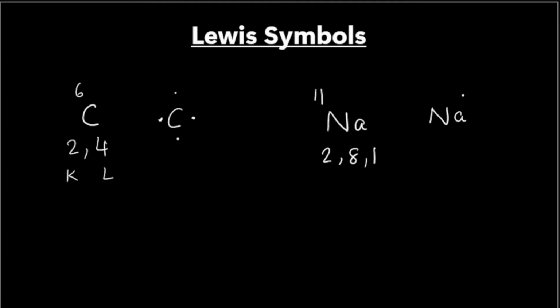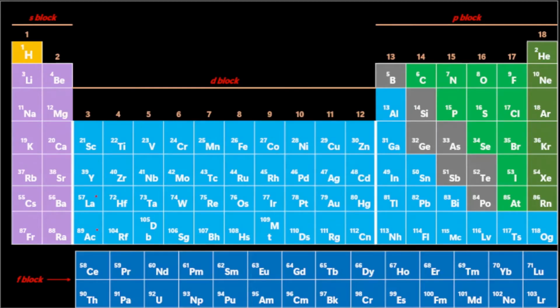Similarly, we can write the Lewis symbols for s block and p block elements. Please note this point that we do not write Lewis symbols for d block and f block elements because they do not follow the octet.